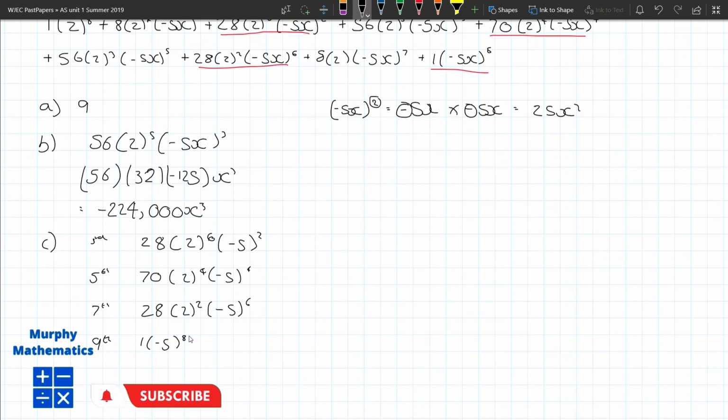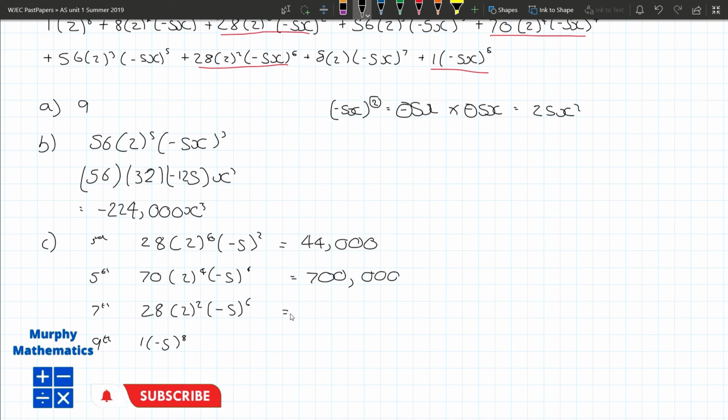28 times 2 to the power 6 times 5 squared. That's going to be 44,800. This one will be 70 times 2 to the power 4 times 5 to the 4, and that's 700,000. Okay, and now the 7th term, so 28 times 2 squared times 5 to the power 6.